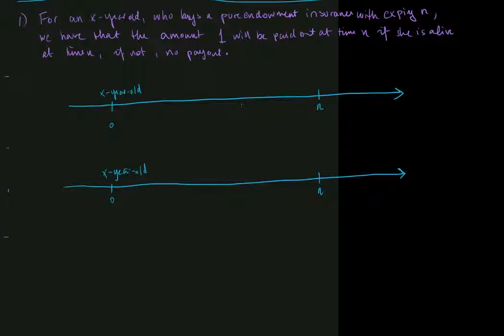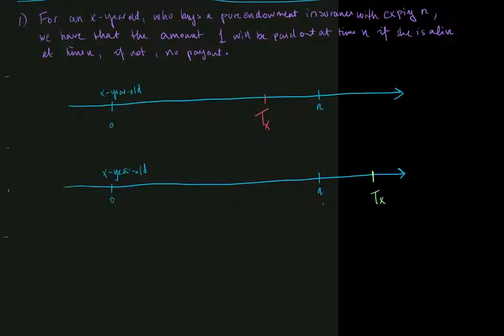There is the case where TX, the remaining lifetime, is smaller than N. That means that our X-year-old will die before expiry. And then there is the other case where our X-year-old survives past expiry. In the first case, if she does not survive past time N, there is no payout, so everything is just 0 up here.